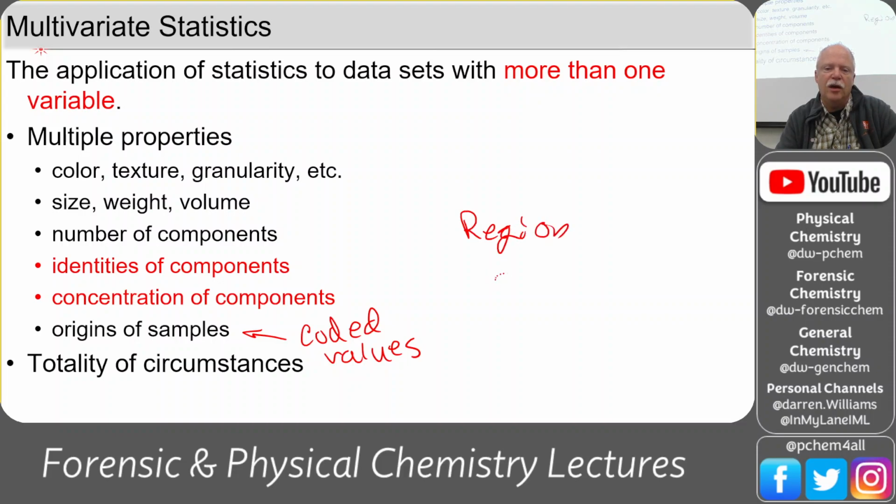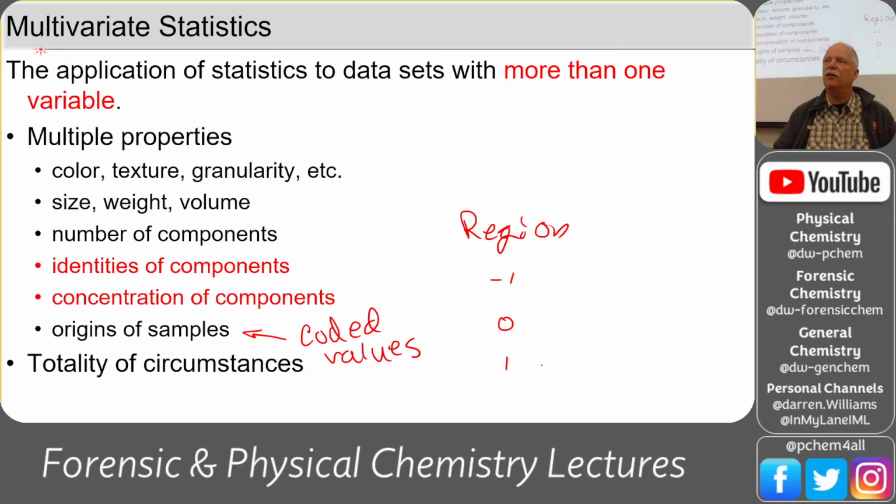We can numerically code them. We could say region -1, 0, and 1, and we can put those numbers into our statistical package, and it will be able to calculate, like an ANOVA, the slope related to region, and see if there's a significance or a p-value associated with region. So that's what we call coded values.